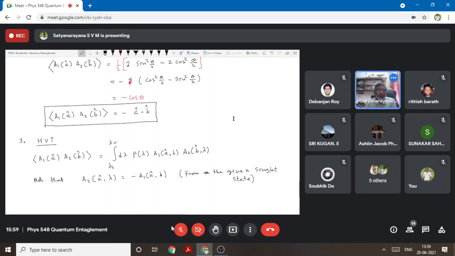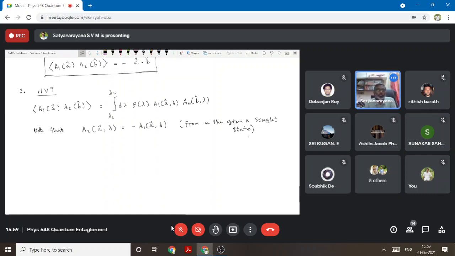Okay, so now let us consider this quantity. That is, consider the correlation function A1 of A cap into A2 of B cap, minus the correlation of A1 of A cap into A2 of C cap.